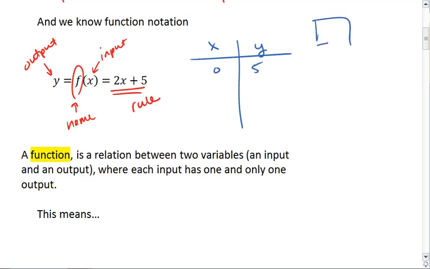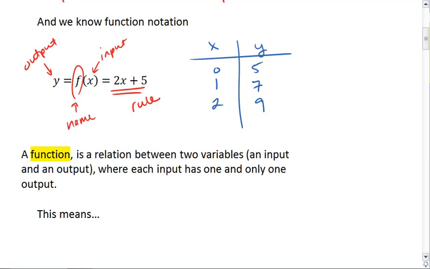So in our little box metaphor, we plug in a 0, we get out a 5. If we plug in a 1, we get out a 7. We plug in 2, we get out 9. And we see that pattern going on.